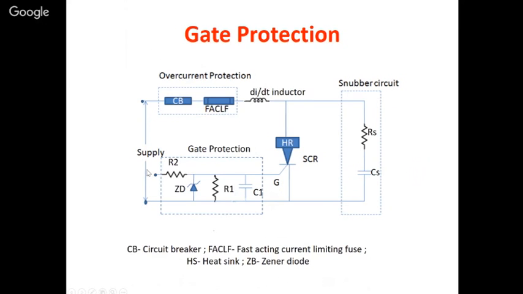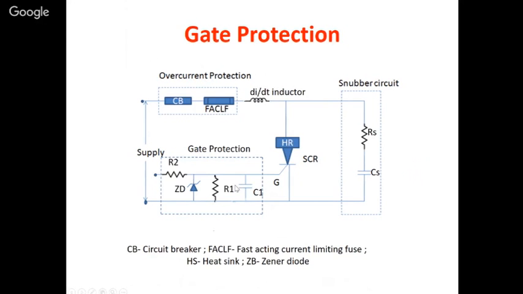And you have the gate protection. All these protections together are shown here. You have overcurrent protection, with circuit breakers and a fast acting fuse. Di/dt protection is there. You have the snubber circuit. You have the heat sink. This is the gate protection.